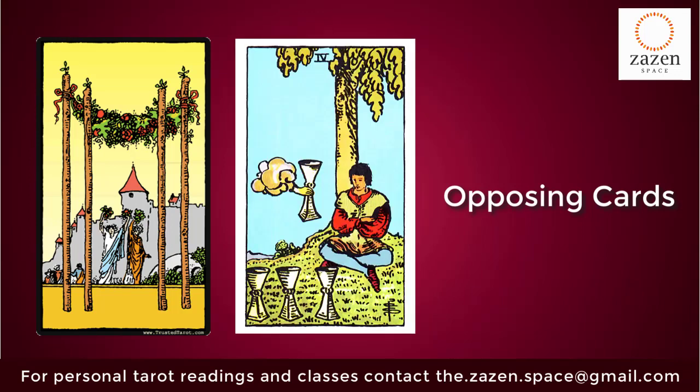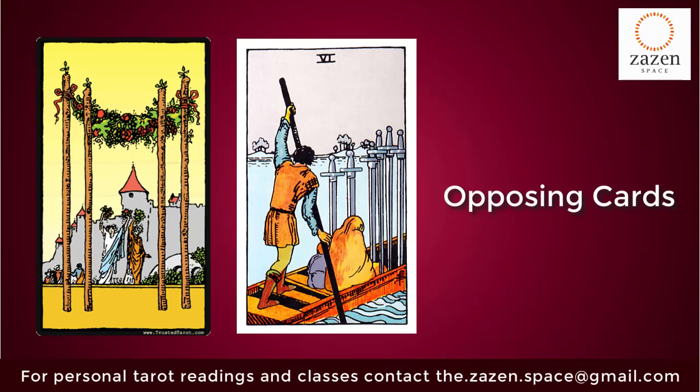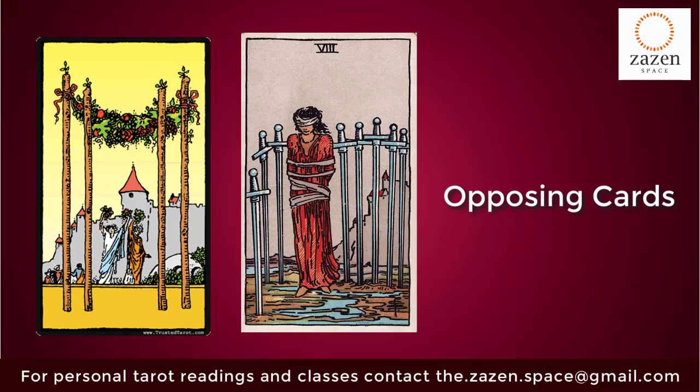Similarly, Four of Wands and Four of Cups, even though they are both fours, they are opposite in meaning. Why? Because Four of Wands is about happiness and celebration, whereas Four of Cups is about lack of excitement, a kind of feeling flat and feeling apathetic. Six of Swords is also about a kind of depression, nothing to celebrate. Eight of Swords is about restriction, lack of freedom.